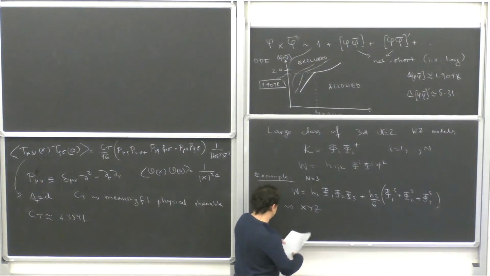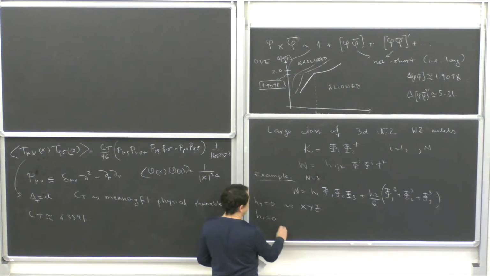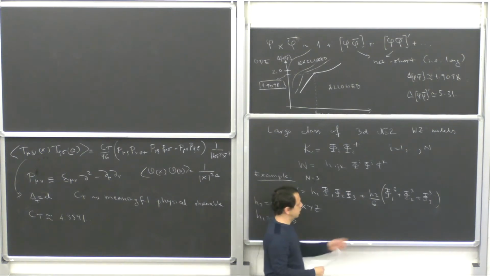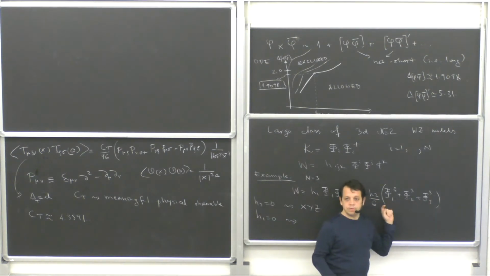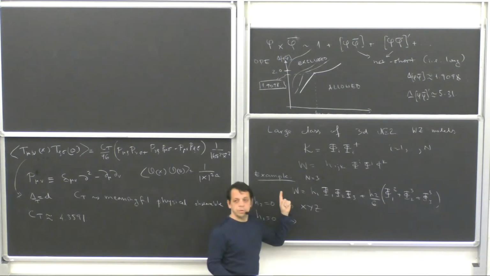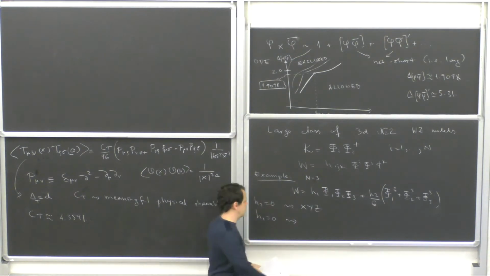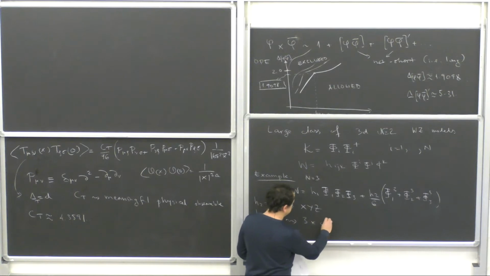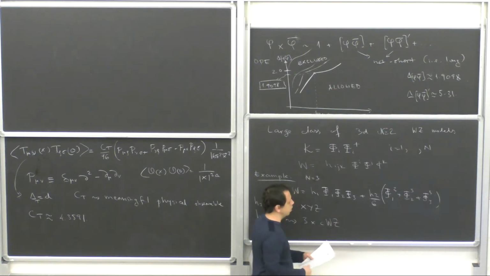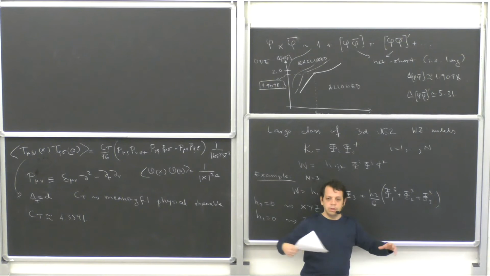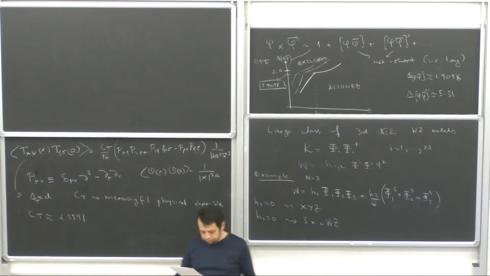All right. If H1 is equal to 0, this is like 3 independent copies of the Wess-Zumino model that we studied before. So 3 times the critical Wess-Zumino model. They really don't interact with each other, so these are decoupled copies.